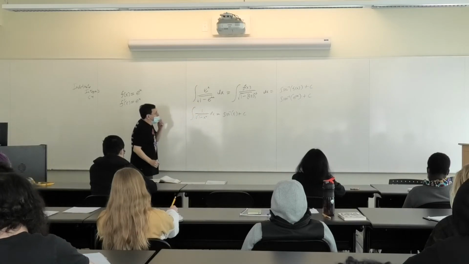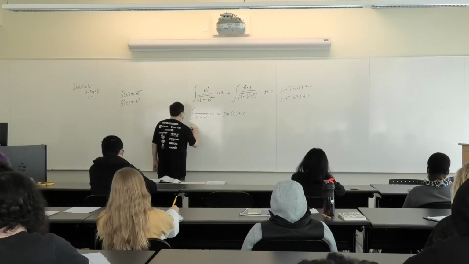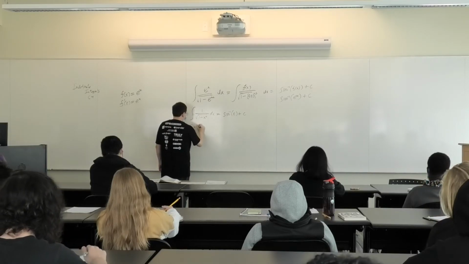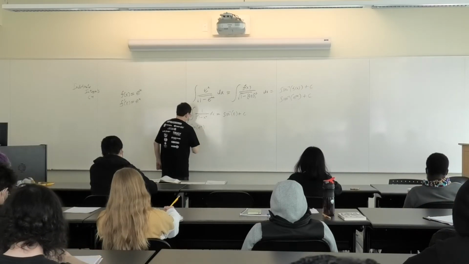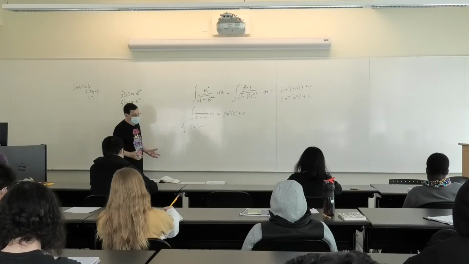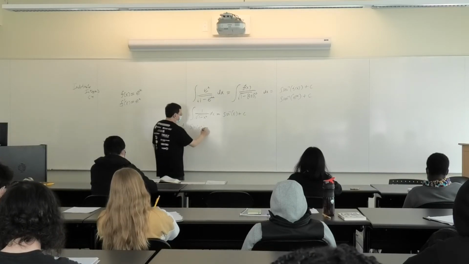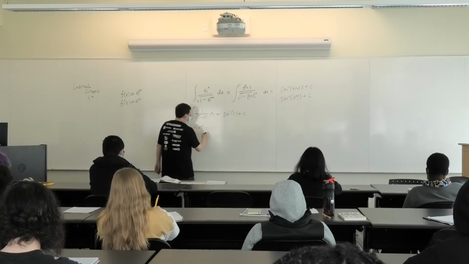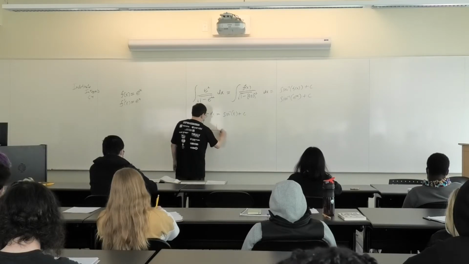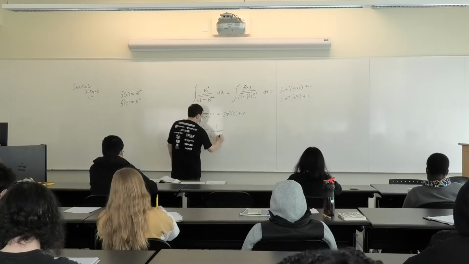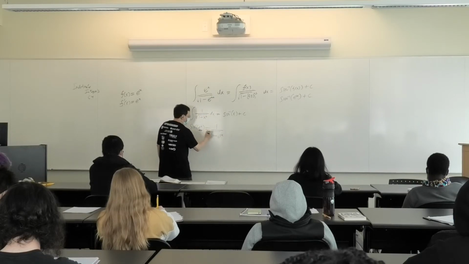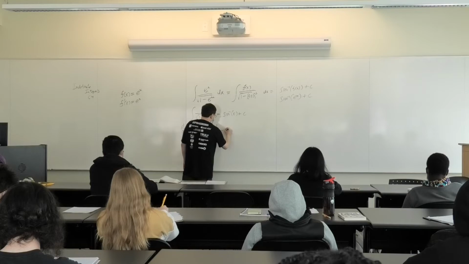Well, if we're not sure, we say, all right, what is the derivative of inverse sine of e to the x? Composite function, I'm going to use the chain rule. The derivative of the inverse sine is 1 over the square root of 1 minus e to the x squared, that's e to the 2x, times the derivative of e to the x, that's e to the x.